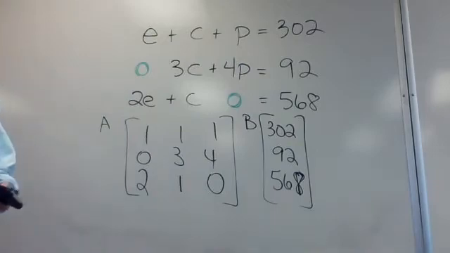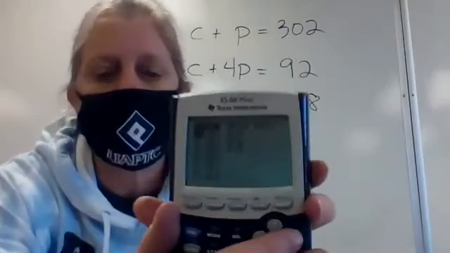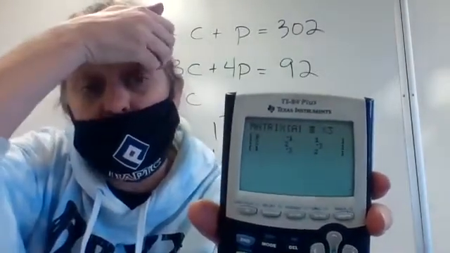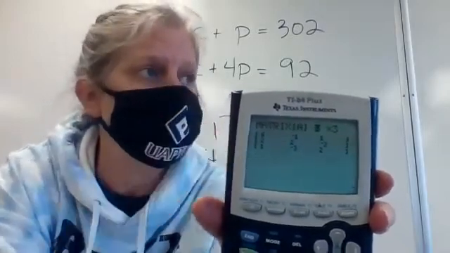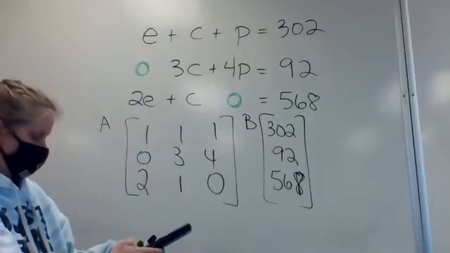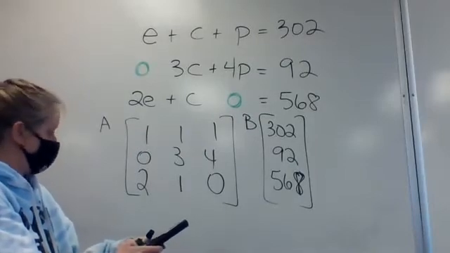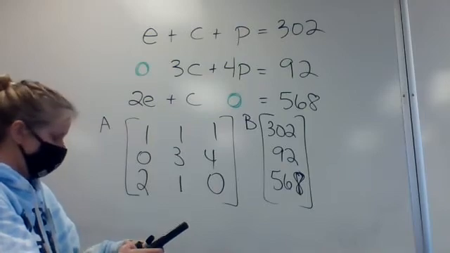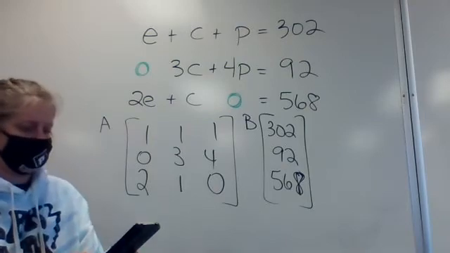So again, go to second matrix. Now remember, we're creating new matrices, so make sure you go back over to edit and hit enter. It's still a 3 by 3. And enter your new numbers. So 1, 1, 1, 0, 3, 4, 2, 1, 0.